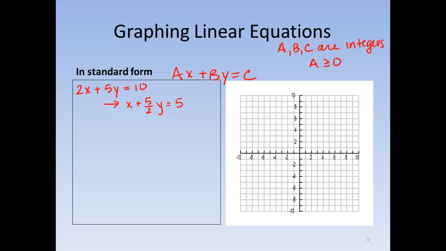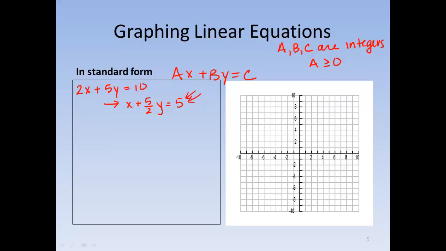But the second one I gave you is not meeting the requirements that all of these have to be integers. So to fix that, we would multiply all the way through by 2, and that would get us back to 2x plus 5y equals 10. So if we are asked to graph in standard form, you will first need to put it in standard form, and in this case, this equation here would have to be rewritten by multiplying all parts by 2.